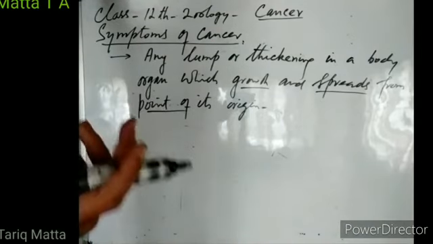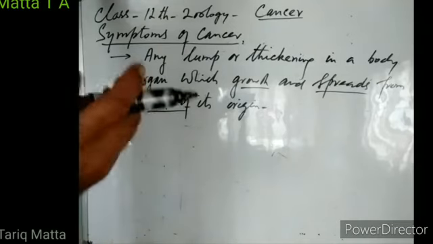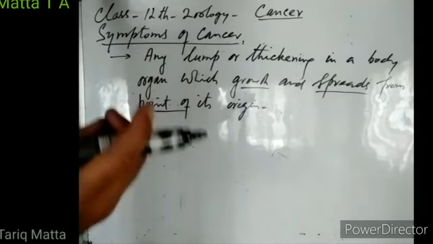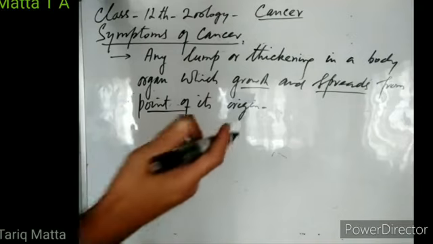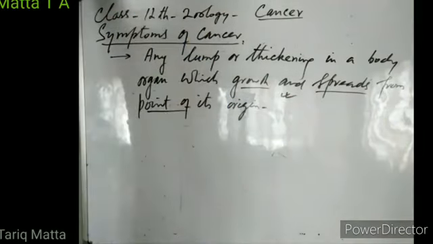So this lump or thickening in the body tissue can be a symptom of cancer. It doesn't confirm that it is a cancer. It may be a symptom of cancer. So this should not be taken lightly. A person who may experience such a thing should immediately rush to a doctor and get that growth or thickening evaluated, right?